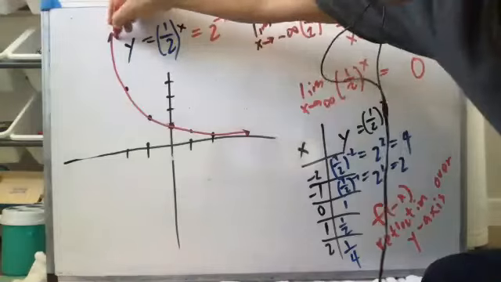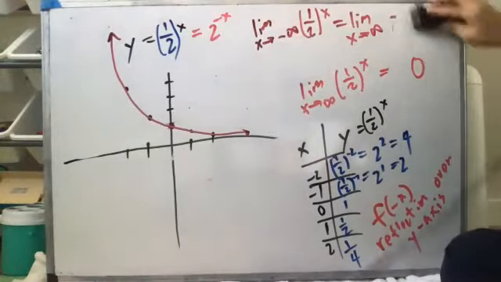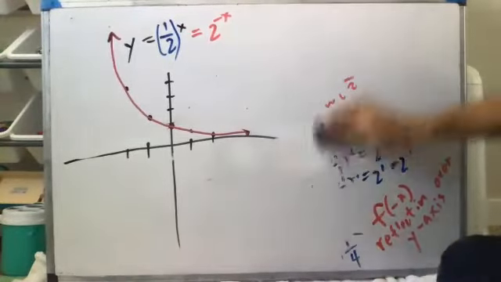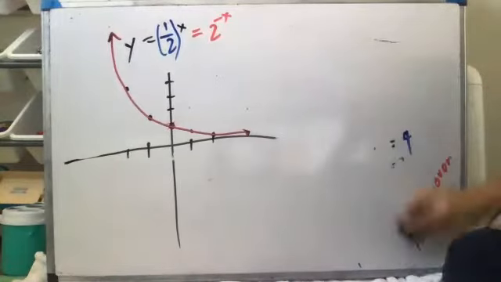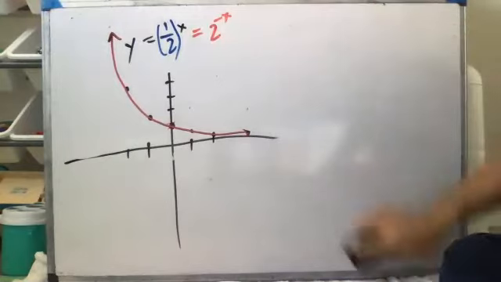Something like that. So there it is. That's the graph of y equals 1/2 to the x. And if you recall, that's the same general shape as 2 to the x, it's just reversed.